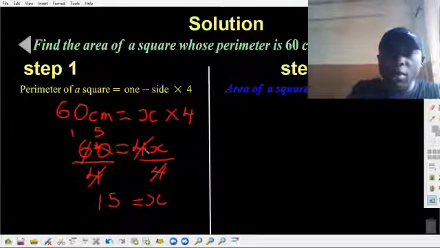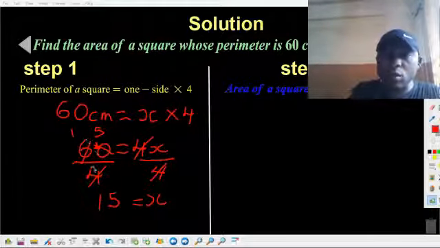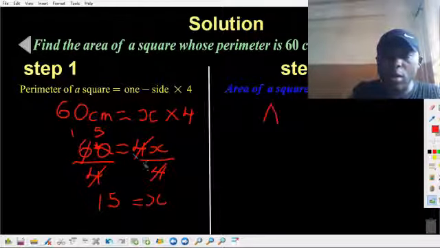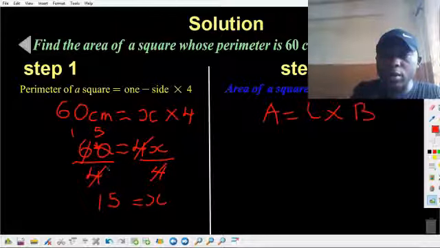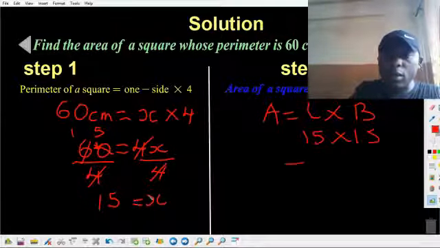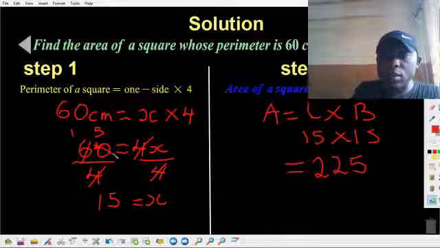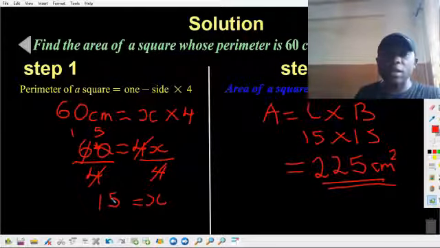So area of this square, A, is equal to length times breadth. That is 15 times 15, and that will give me 225 centimeter square as our final answer.